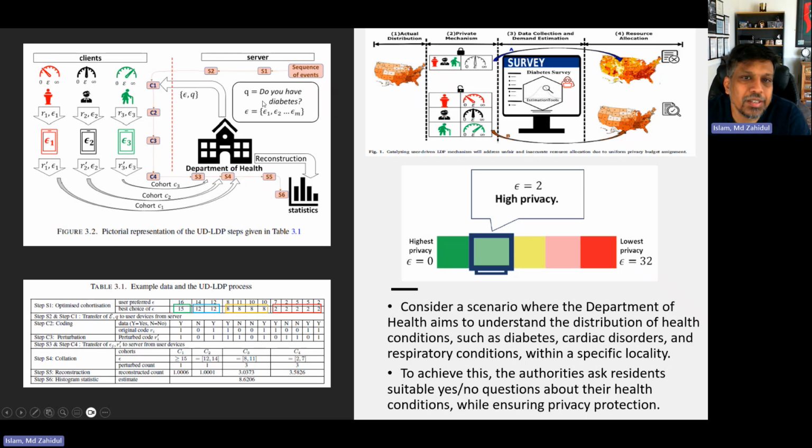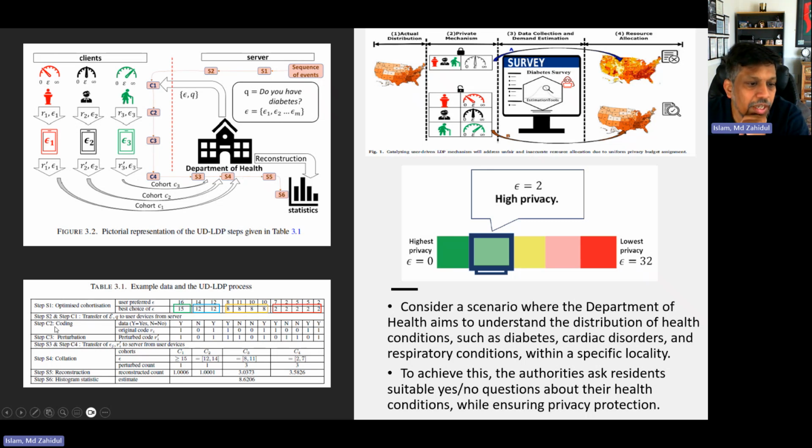But the basic thing is that step 1 and step 2 kind of overlap. So step 2 is we have this question and the epsilon options, we send them to the clients, the participants, and then participants choose the most suitable epsilon value for them.